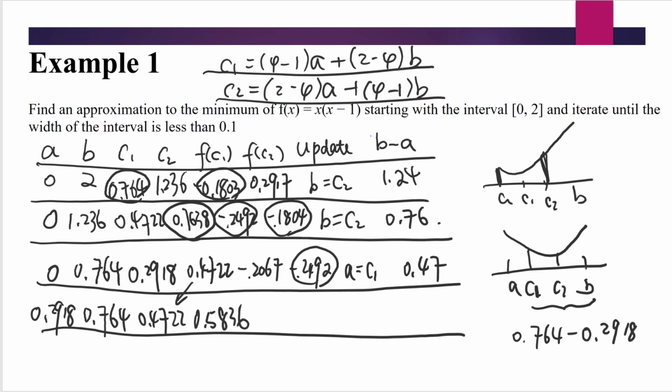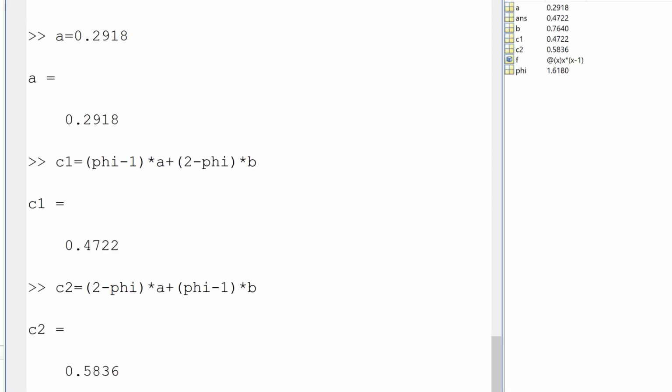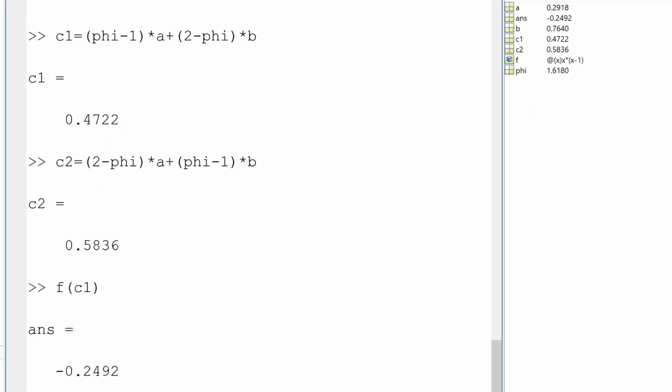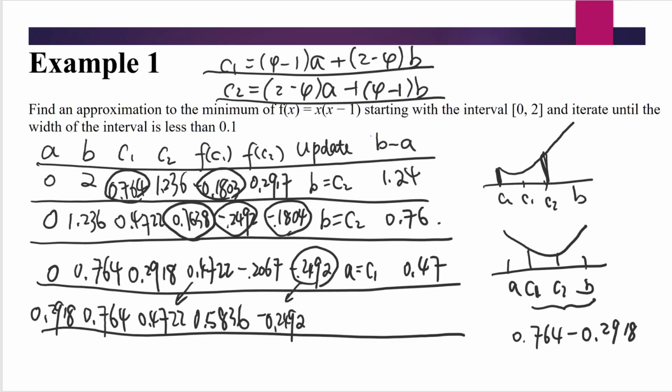Okay, and we can evaluate f(C1) and f(C2). This f(C1) is, because C1 is C2 in the last iteration, we can directly move this value here. It will be negative 0.2492. And then we only need to evaluate f(C2), which will be negative 0.243.